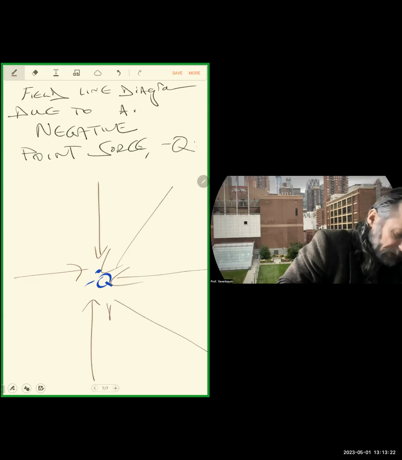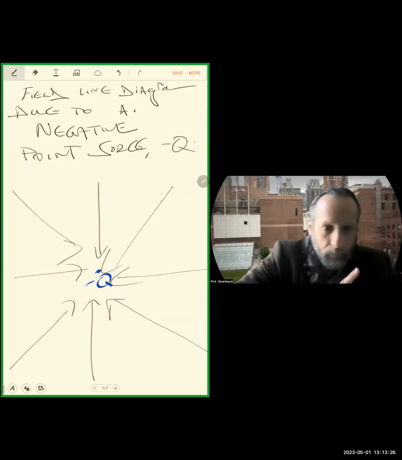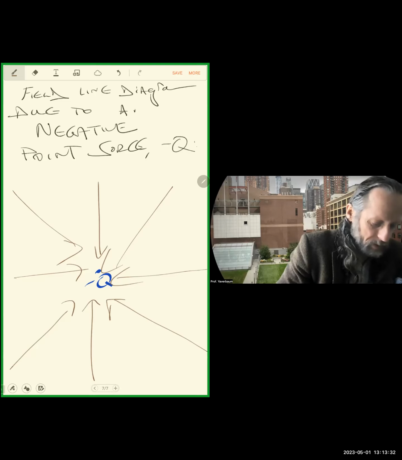But they go in because it's negative. It doesn't seem like a big thing, but I'm going to turn the page, since I know we have 17 minutes.